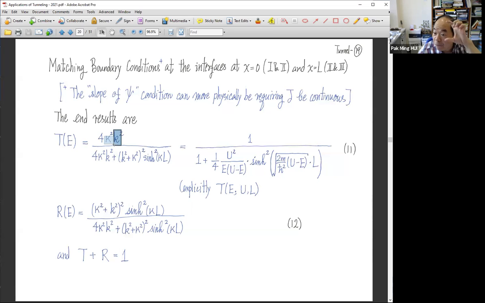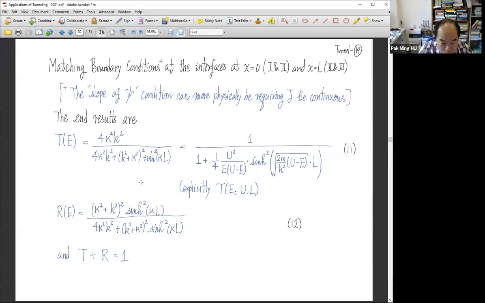It contains the deficiency in energy to pass through it on top, okay? And L is the width. Therefore, this transmission formally is a function of the incident energy and also the shape or the parameters of the barrier, height and width, naturally, right?